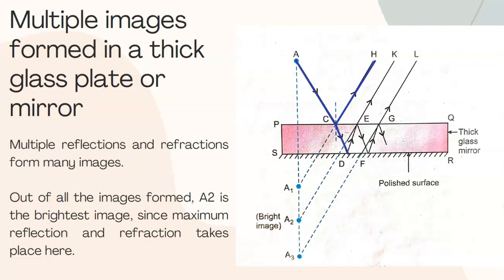since it is a thick glass plate. Now, this glass plate is polished from the other side, so it is a mirror as well. At point D, the ray of light is reflected towards E. At E again, two phenomena take place. A part of light is refracted out from denser to rarer medium.